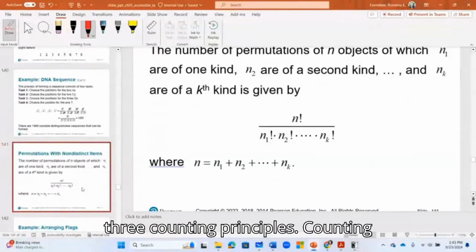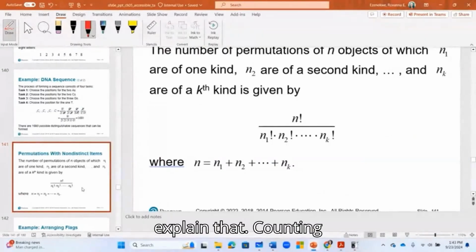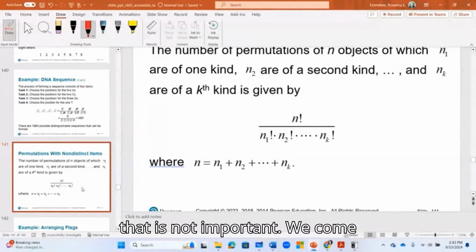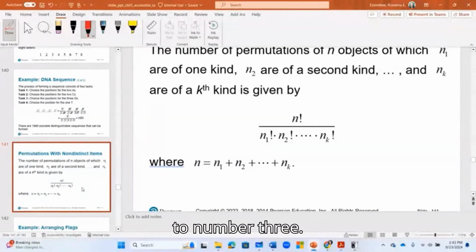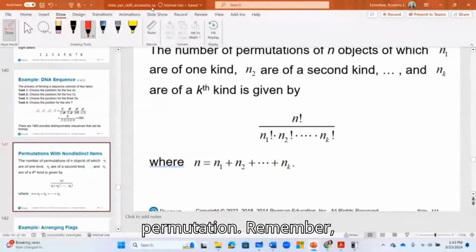There are 3 counting principles. Counting principle number 1 is factorial. We'll explain that. Counting principle number 2 is combination. Order is not important. We come to number 3, permutation.